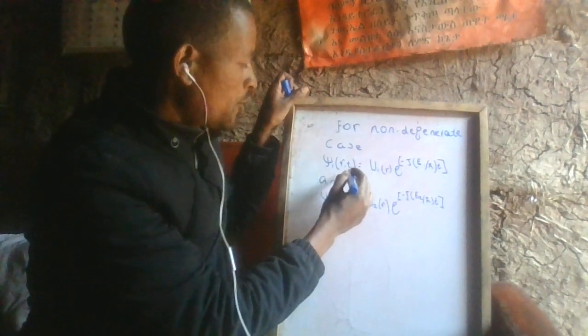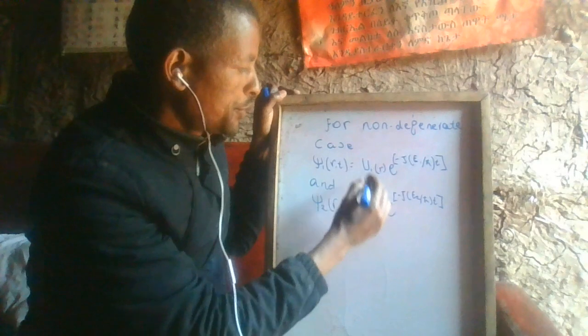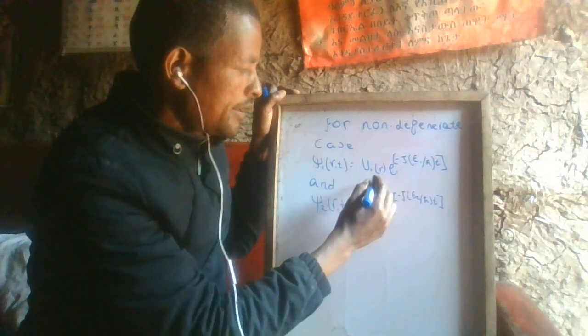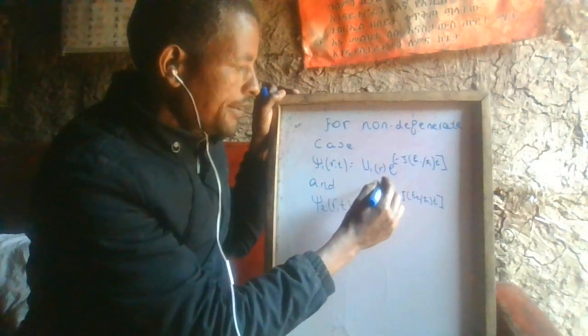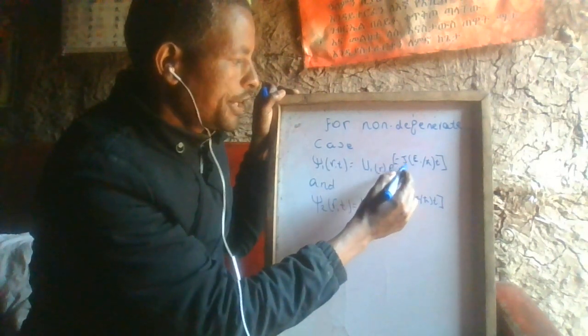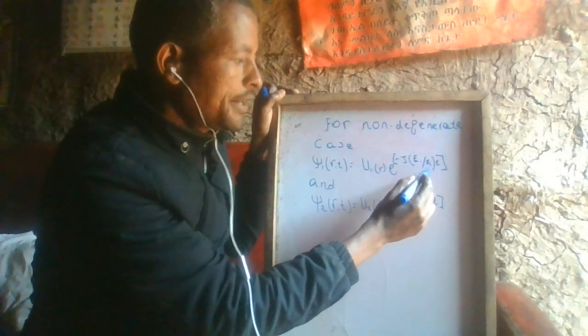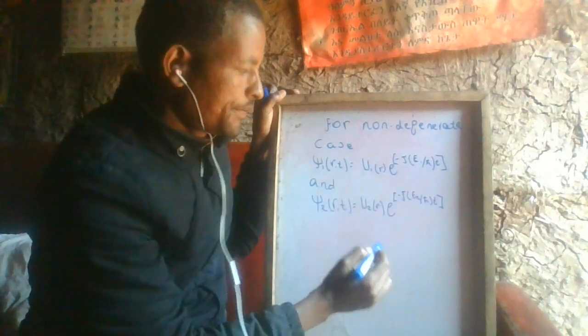Psi 1 of r, t is equal to U1 of r times exponent negative j E1 over h bar times t.